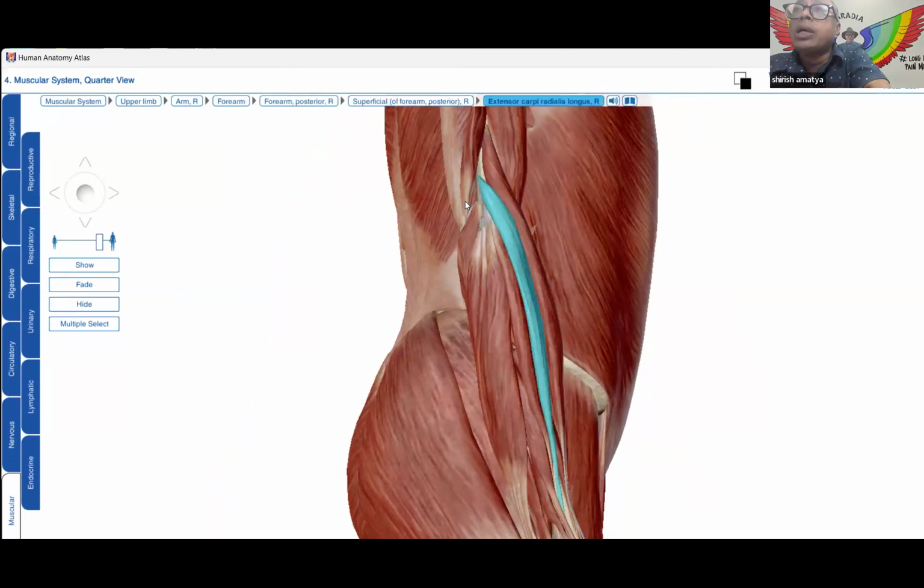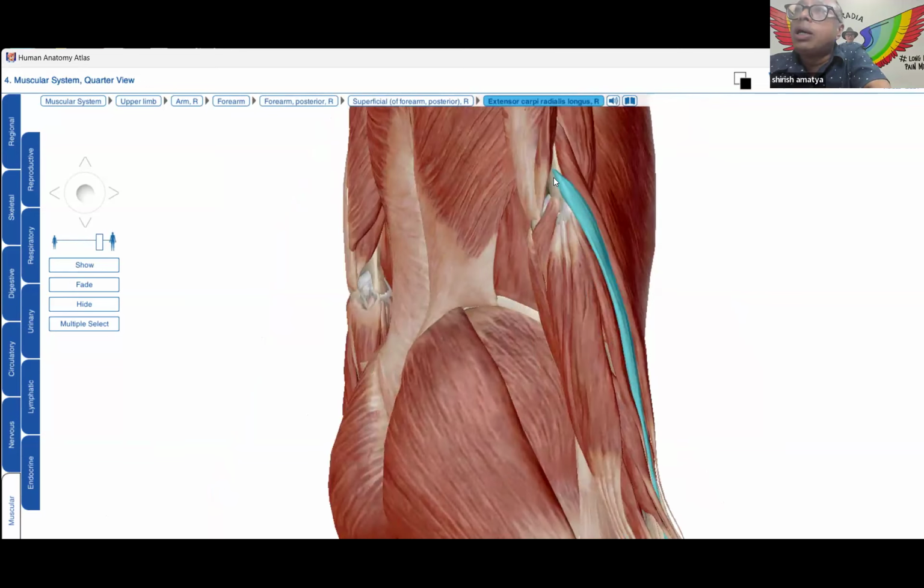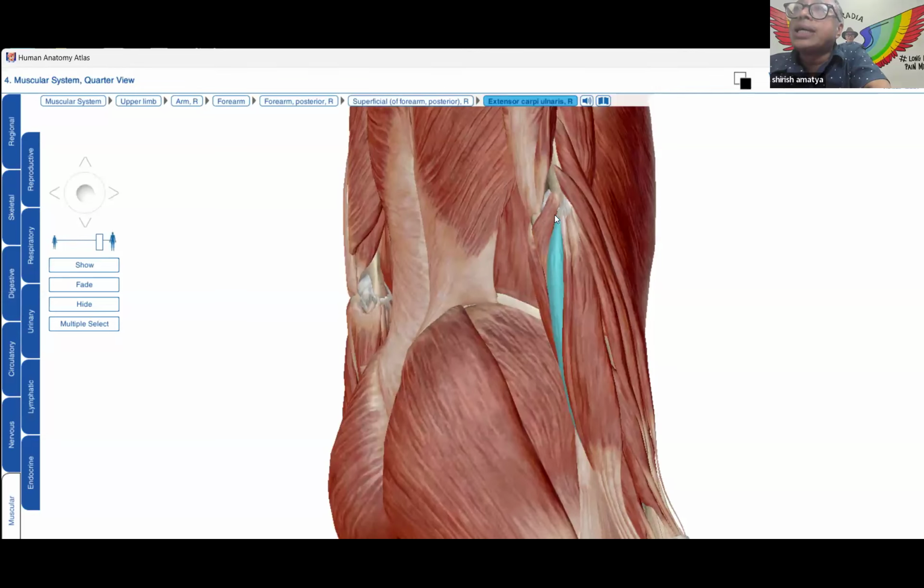This extensor carpi radialis longus doesn't insert in the lateral epicondyle. It basically joins with the ridge in the lower part of the humerus, and these four muscles are basically the common extensor tendon. So you will be appreciating these four muscles. They form the common tendon and get attached to the lateral epicondyle.